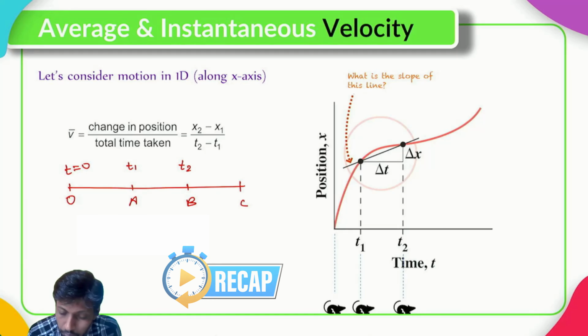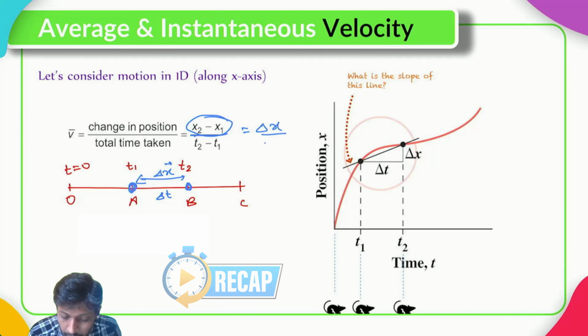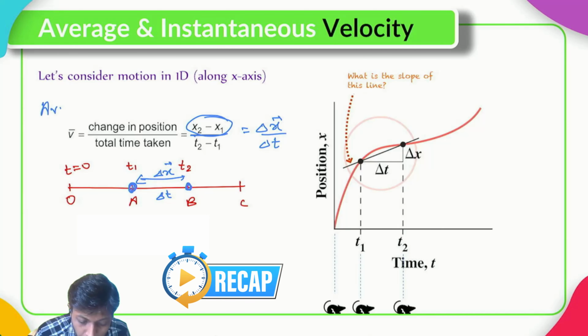Now, to do that, you find out the position of this object here and the position of this object. So you get delta x first. Delta x would be the displacement, which is x2 minus x1. And you divide it by the time duration, which is delta t. So delta x by delta t is your velocity. What kind of velocity? It's average velocity.